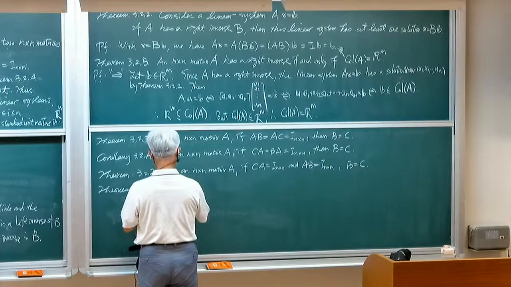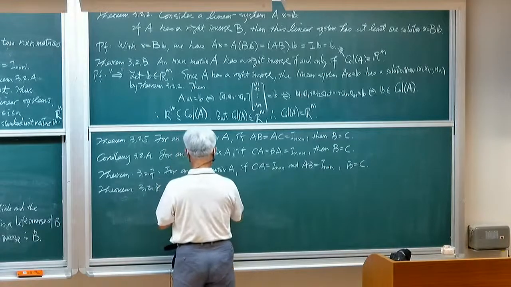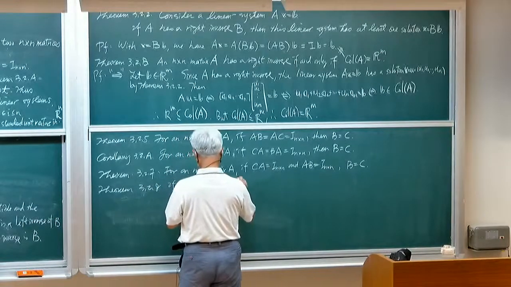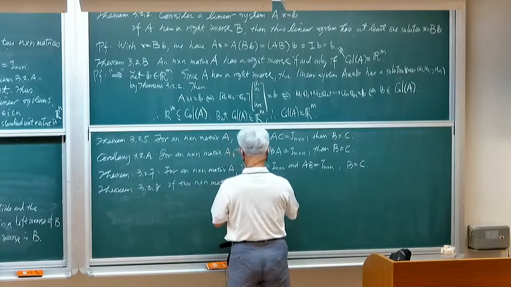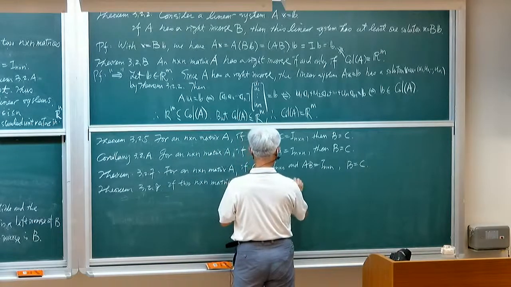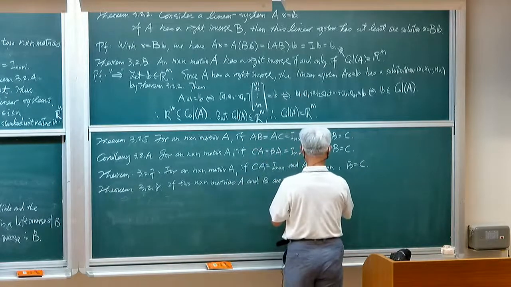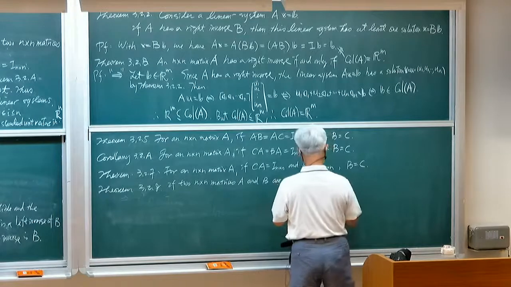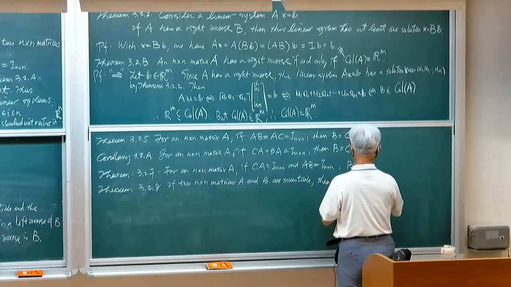All right, this is for the record. If two matrices A and B are invertible, then AB, the product of A and B, is also invertible.